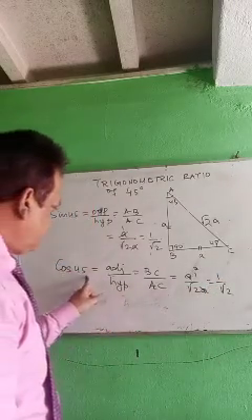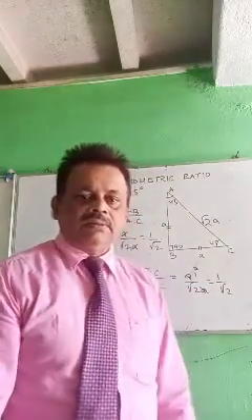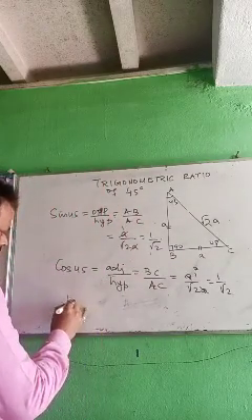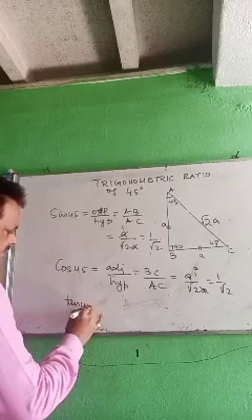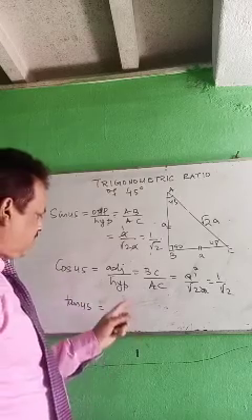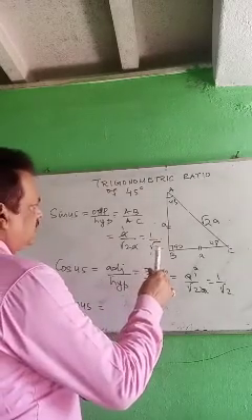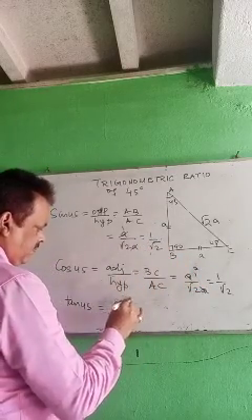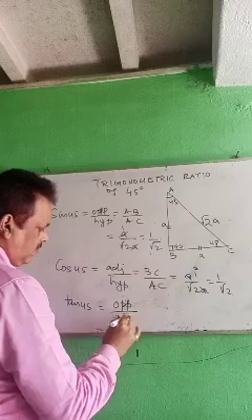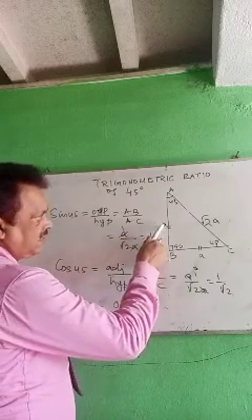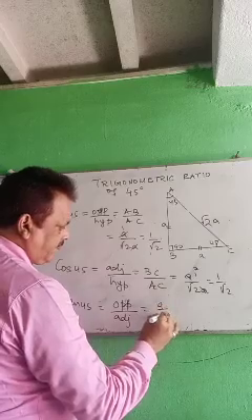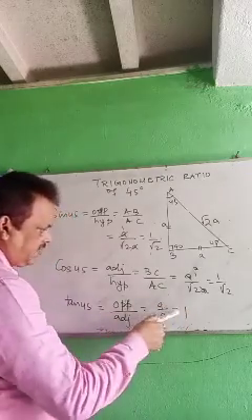So cos 45 is also 1 upon root 2. Then you see tan 45. Tan 45 formula, that is opposite by adjacent. The opposite means this one, that is A by A equal, right? So tan 45 is 1.